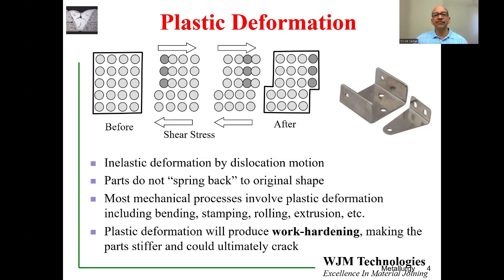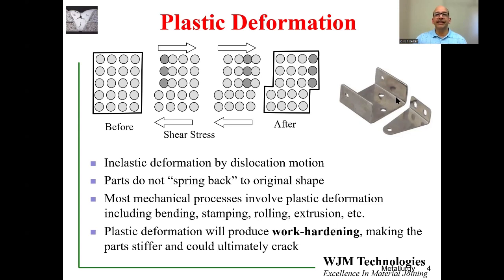So most of the mechanical processes that are used in manufacturing, such as bending, stamping, rolling, extrusion, all depend on plastic deformation because you are conducting these processes to effect a change in the size and shape of the component. One of the downsides of producing plastic deformation is work hardening.